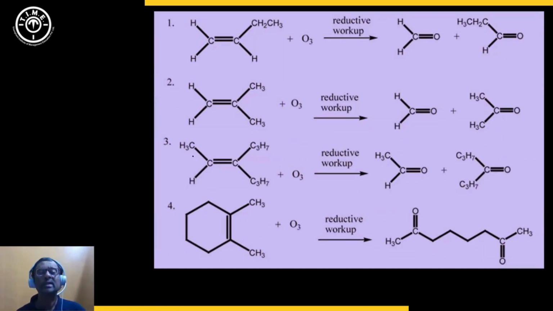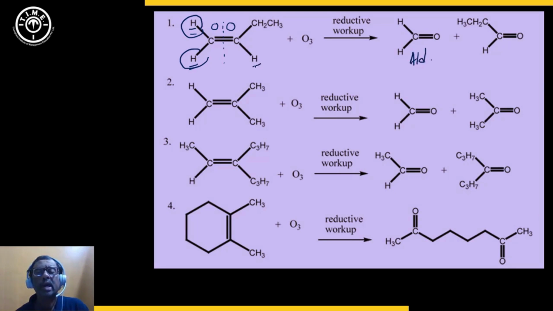Now let us look at this. This carbon has two hydrogens, and what we need to do is simply break the C double bond C and on either side put oxygen, isn't it? How did we get the parent alkene? By removing the oxygens. How to get the products? By breaking the double bond and attaching oxygens to the carbons that had the double bond between them. So wherever you have a hydrogen, that will give an aldehyde.